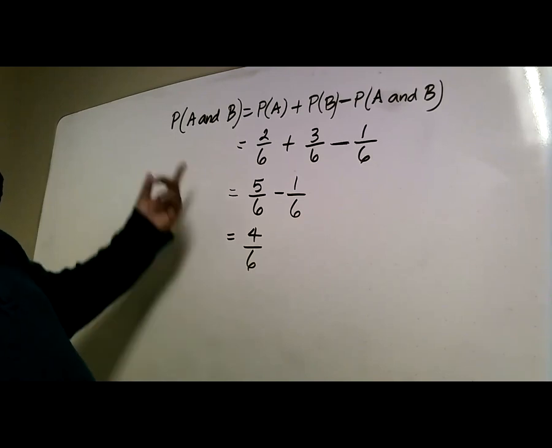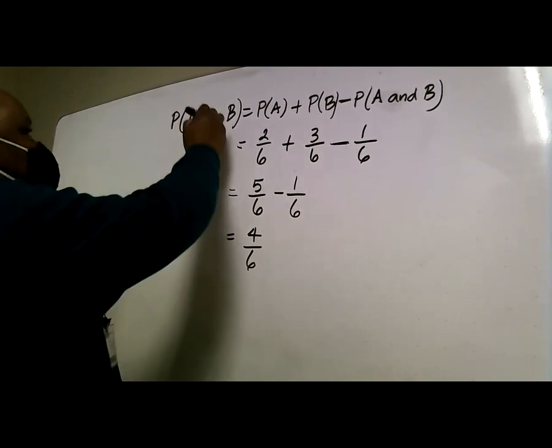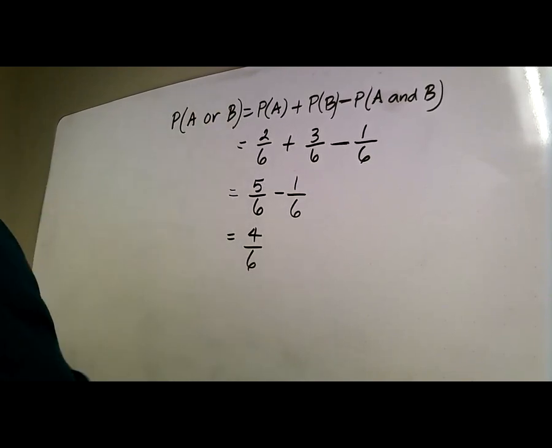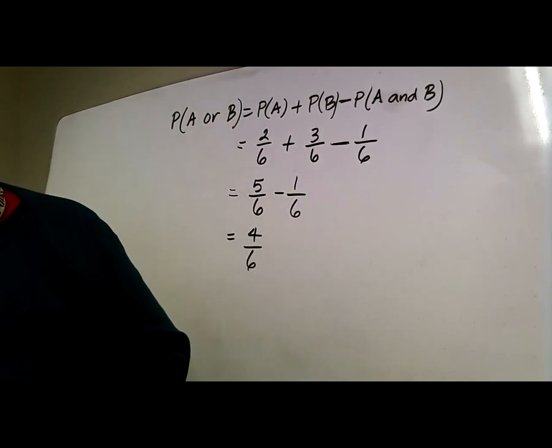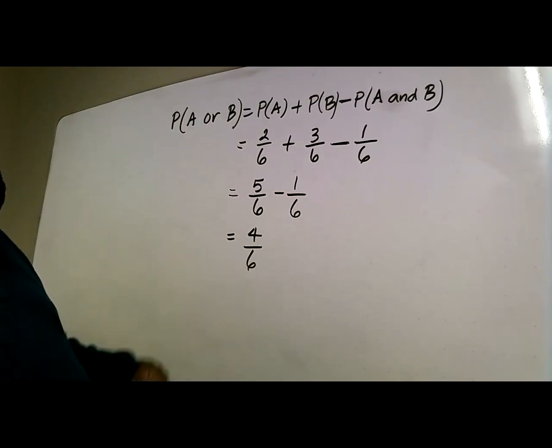Apologize for that. So A or B, that probability ended up being 4 over 6.